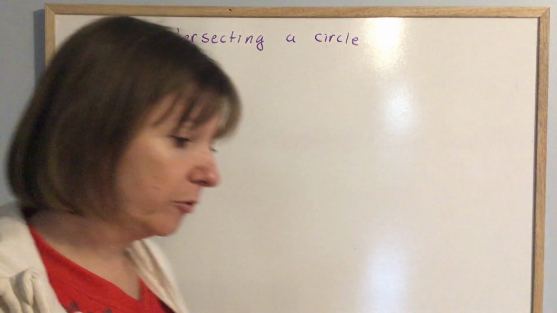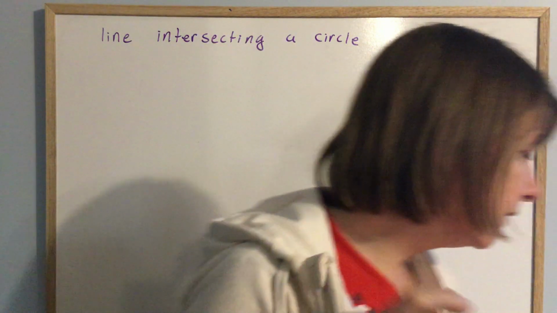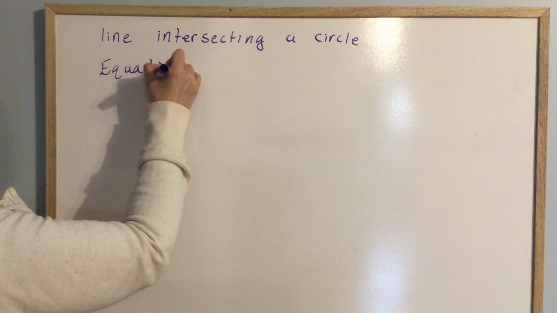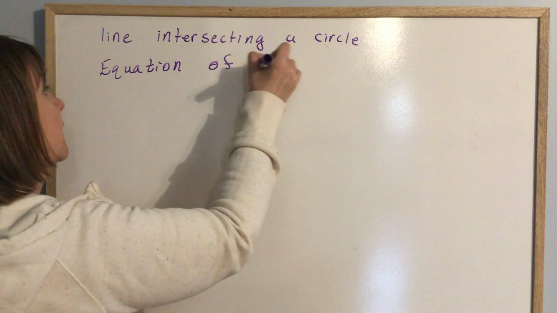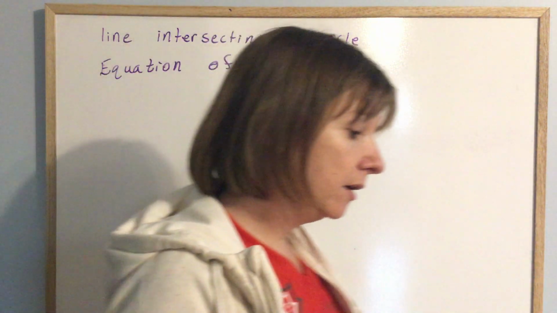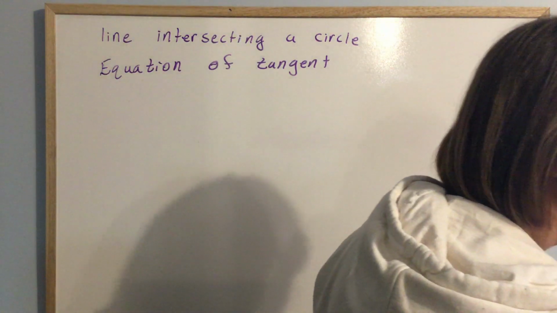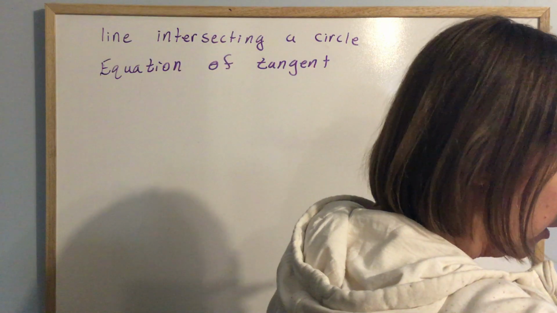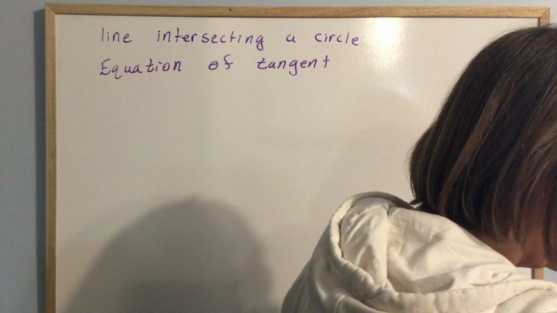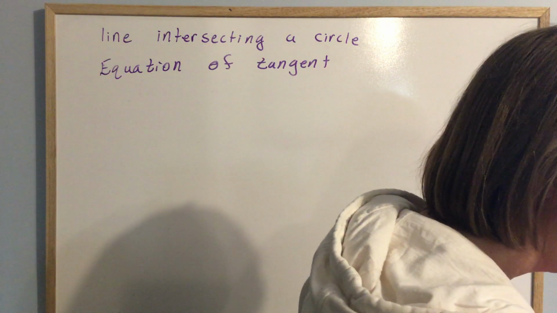The second type of question out of section 8.4 is the equation of a tangent line. And so again, what I would be giving you is the equation of a circle.